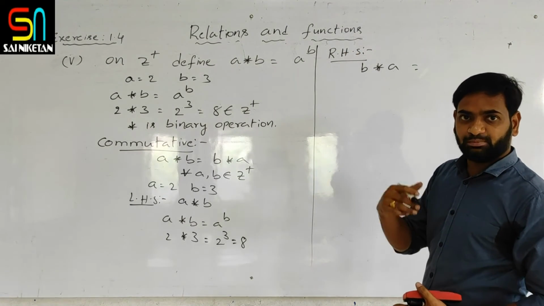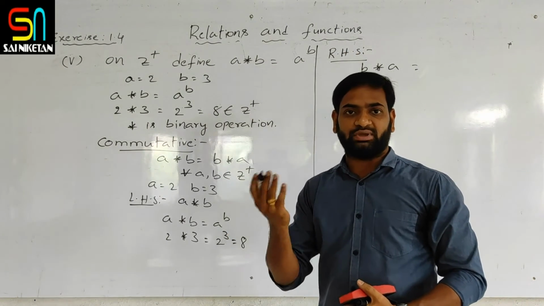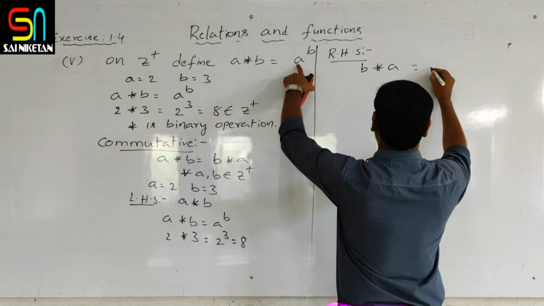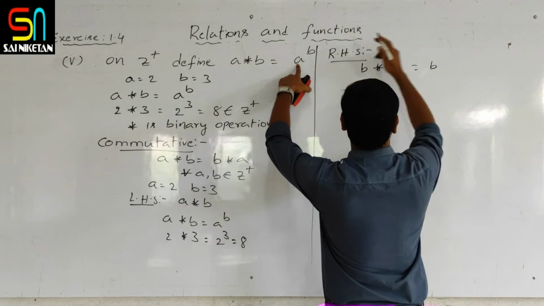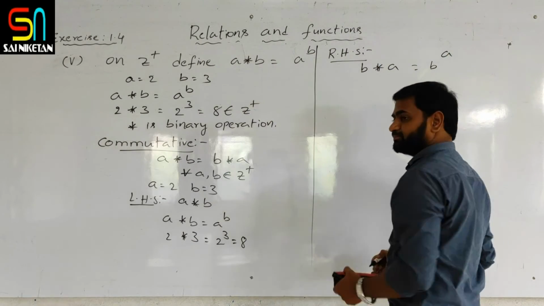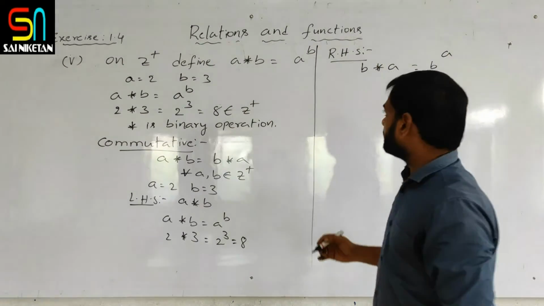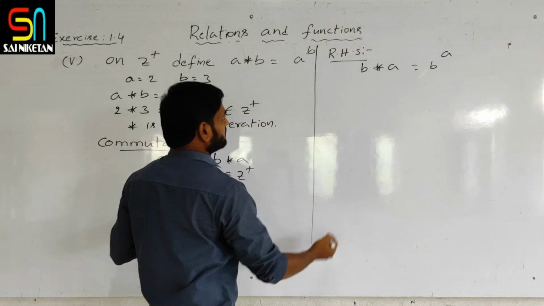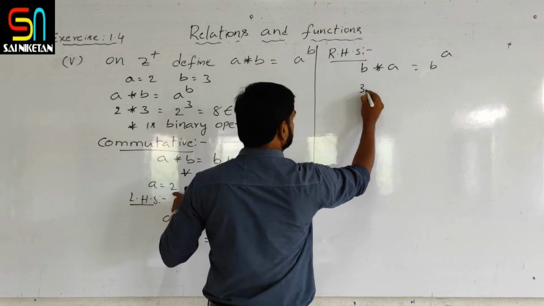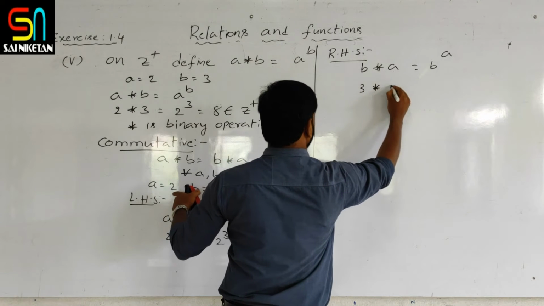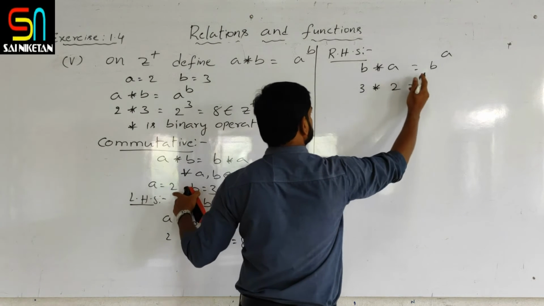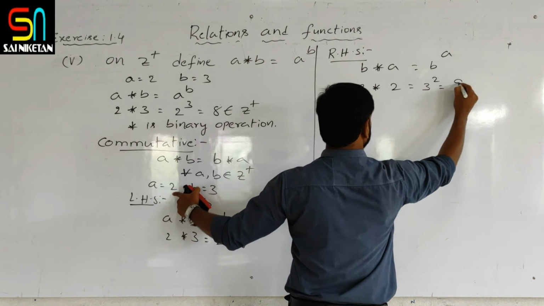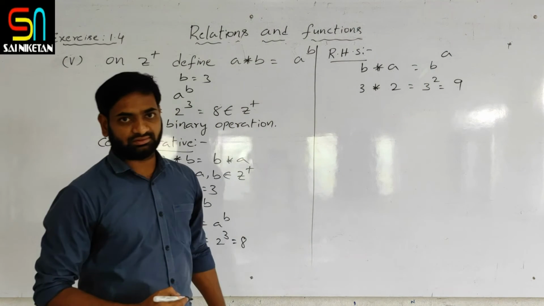That means in place of A is B, in place of B is A. That is B power A. Now taking the values, A value is 2, B value is 3, so 3 power 2, 3 squared is 9.